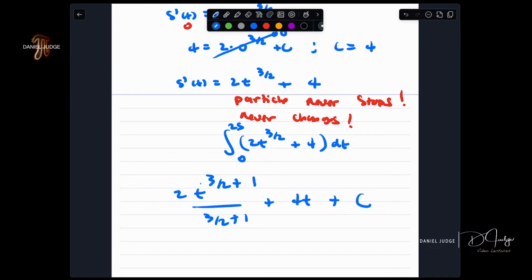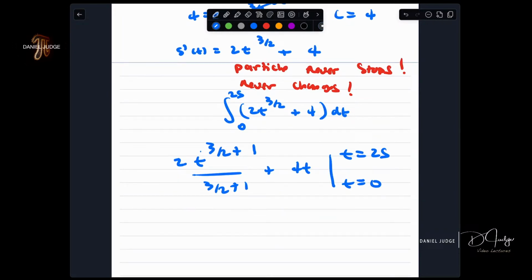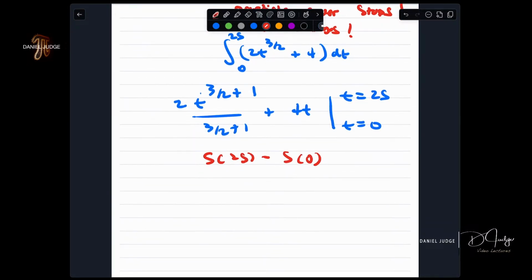Is that plus c? No, we could, but we're going to evaluate that from the starting point of t is 0, because time is always positive, to t is 25. So again, the whole idea would be s of 25 minus s of 0. It's a specially chosen question, so that this works out this way. Alrighty. Let's get the answer.